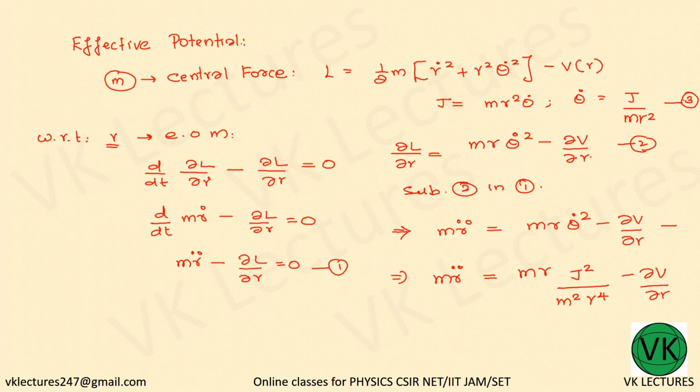Now writing it in this form, m r double dot equal to J squared divided by m r cubed minus dou V by dou r.